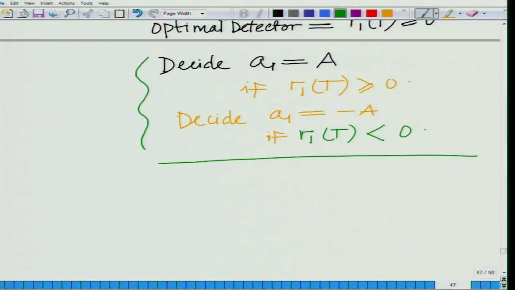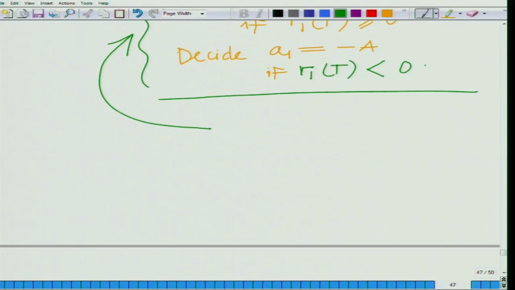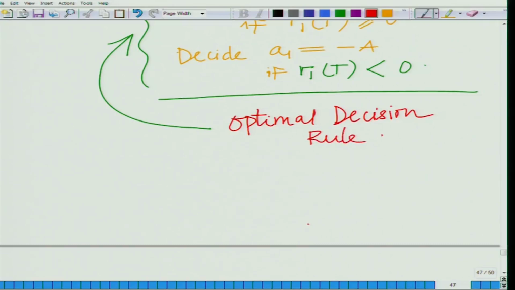So, this is your optimal detector or optimal decision rule.